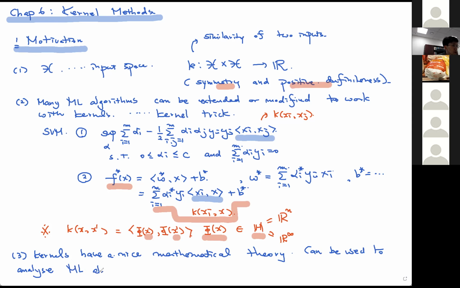Intuitively, what happens is that kernels allow us to rephrase complicated machine learning algorithms as some form of algorithm that works on a linear classifier. So you try to find a linear classifier in a highly complicated feature space.